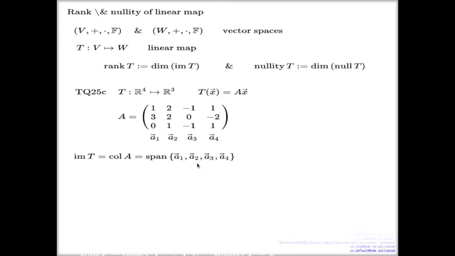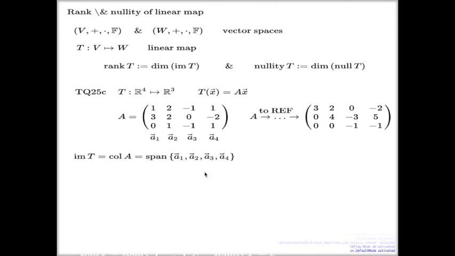We need to do row echelon form reduction. I have the computation here. This is the reduction of my matrix A to the row echelon form. By looking at this row echelon form, I see 3 pivots, which means that the first 3 are linearly independent.